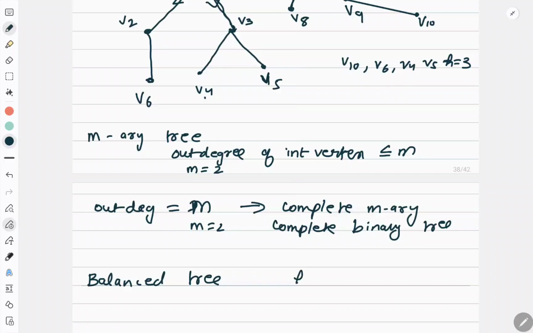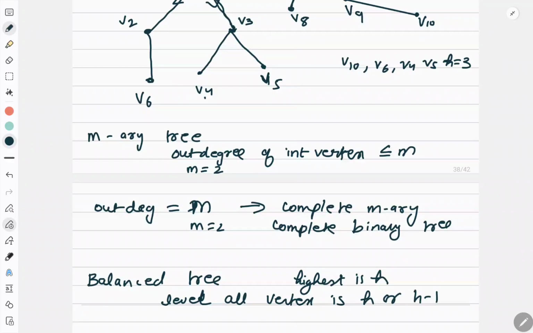Suppose the highest level is H, and if the level of all the vertices is H or H minus 1, then it is called a balanced tree.